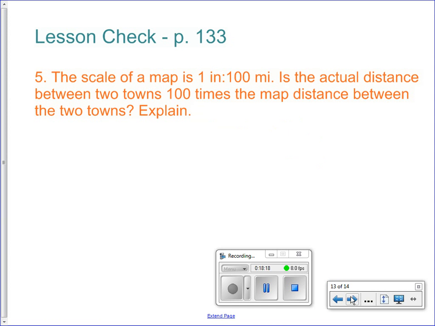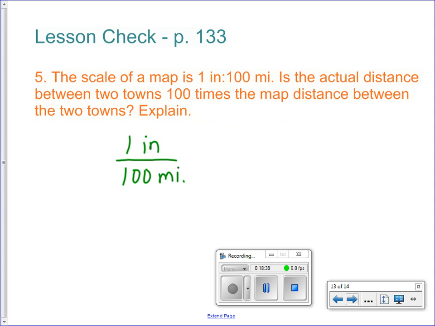Number 5, the scale of a map is 1 inch is to 100 miles. Is the actual distance between two towns 100 times the map distance between the two towns? Explain.